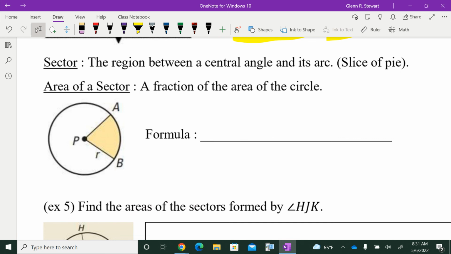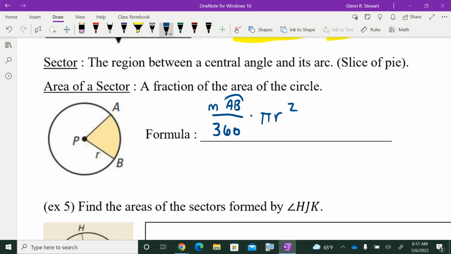So the area of the sector, the formula would be the measure of the angle of AB divided by 360 times pi r squared.